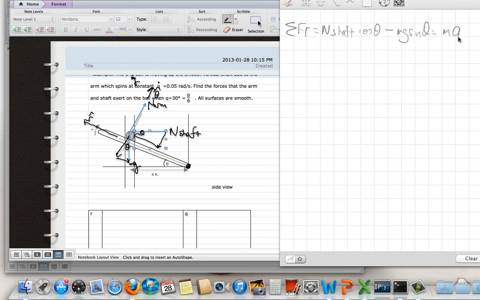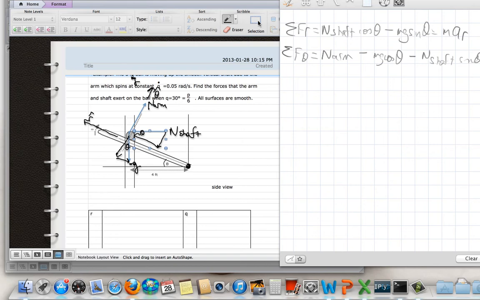And that's going to equal the mass times the radial acceleration. The sum of the forces in the angular or theta direction, well, there's normal arm. Then you've got in the negative theta direction mg cos theta. Then you've got in the negative theta direction here normal shaft sine theta. And that's going to equal the mass times the theta acceleration.